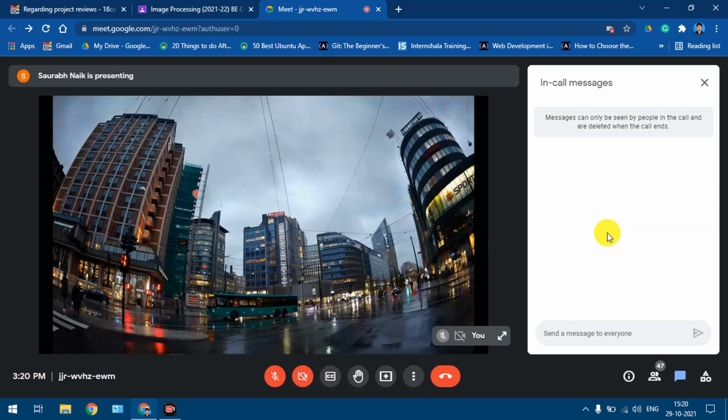This problem will be there in every wide angle lens. The only difference is how prominent it is in terms of these corner pixels. There's some term for it; you can check online why this curving effect comes.